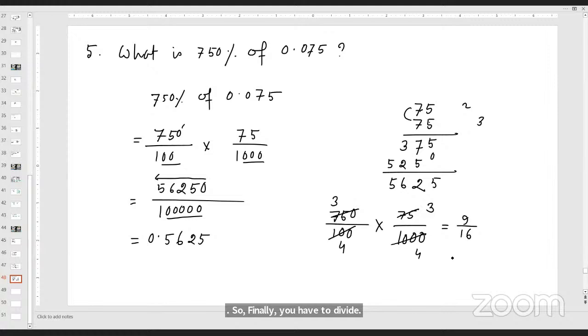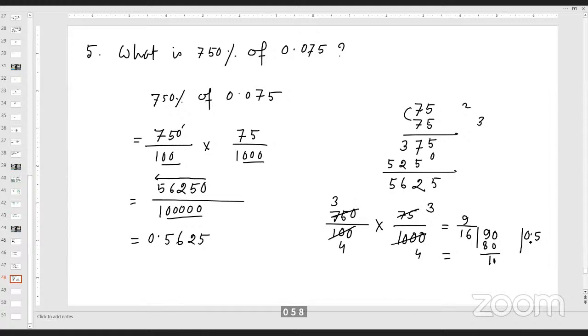Finally, if you are told to write down the answers in decimal, then you don't go for this cancelling. Go straight like this, because it will be less time consuming, right? Because if you divide now, it will take a lot of time.